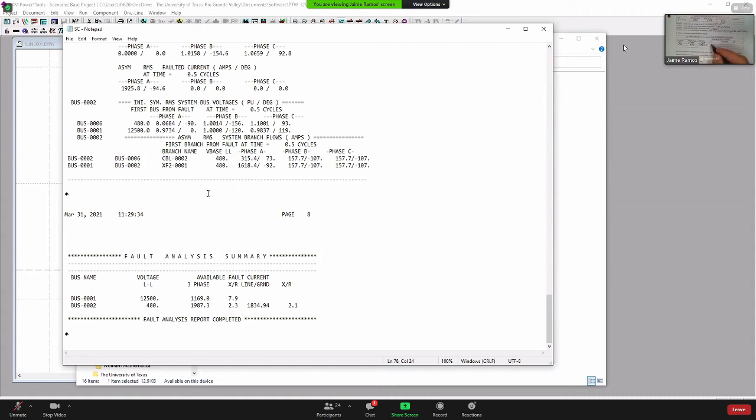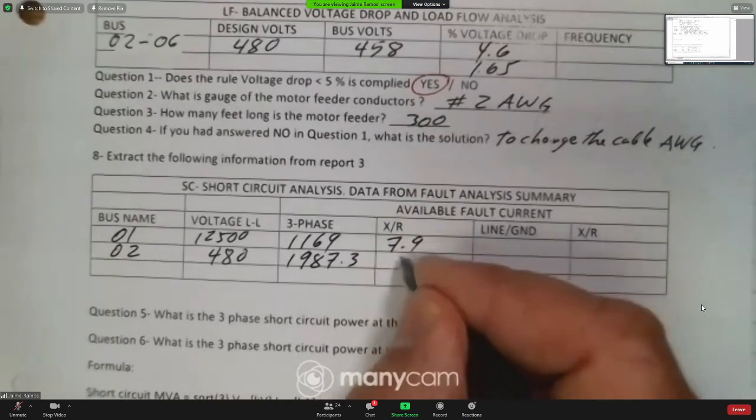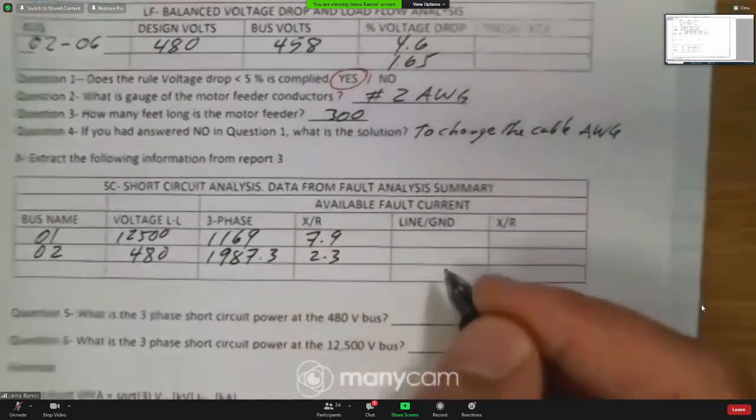X/R is the ratio of reactance to resistance, so this is related to the time constant. If X/R is very large, the time constant is long. This is 7.9 and 2.3.